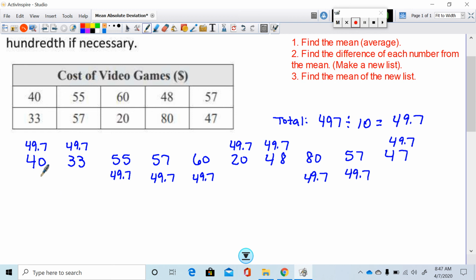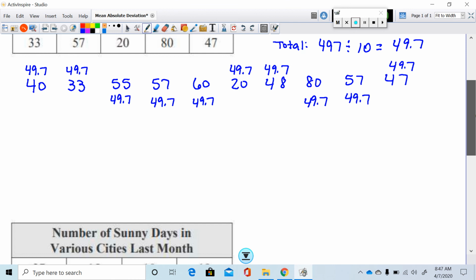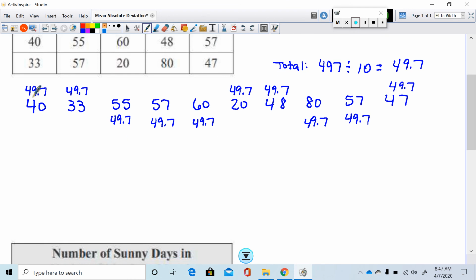Now I'm going to subtract each one of these to make a new list. So when I do that, I'm going to get the following, and I worked it out ahead of time. So this is 9.7. I'm going to cross them out as I go. 16.7.